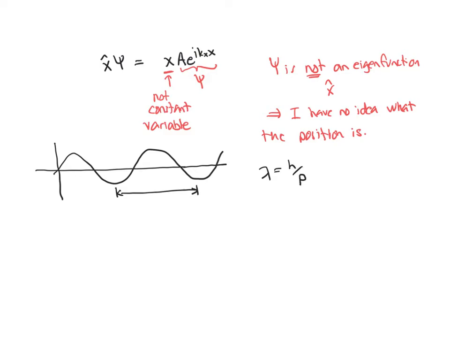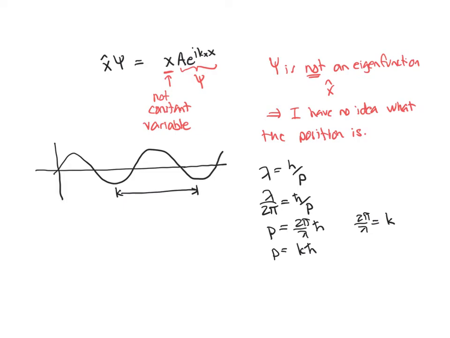Again, I've got this in units of h bar, so let's divide both sides by 2 pi so that lambda over 2 pi is equal to h bar over p. And so if I want to know what the momentum is, it's equal to 2 pi over lambda times h bar. So 2 pi over lambda is my k value, because we said that p was equal to h bar times k.